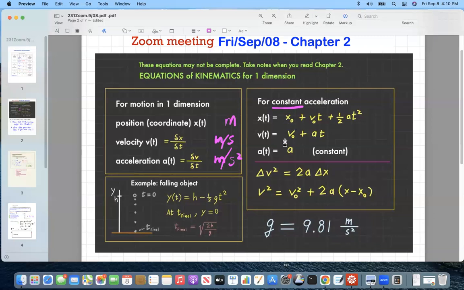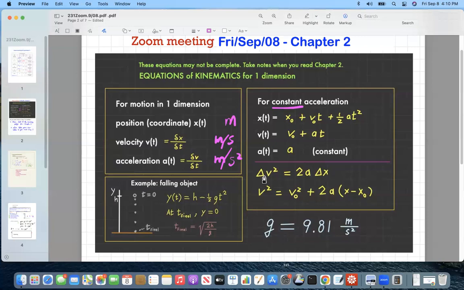There's one other equation for constant acceleration that's often useful. There's a relation between velocity as a function of position when an object is accelerating.